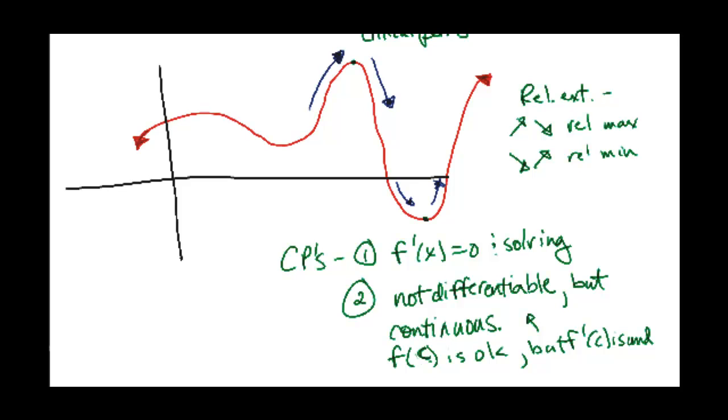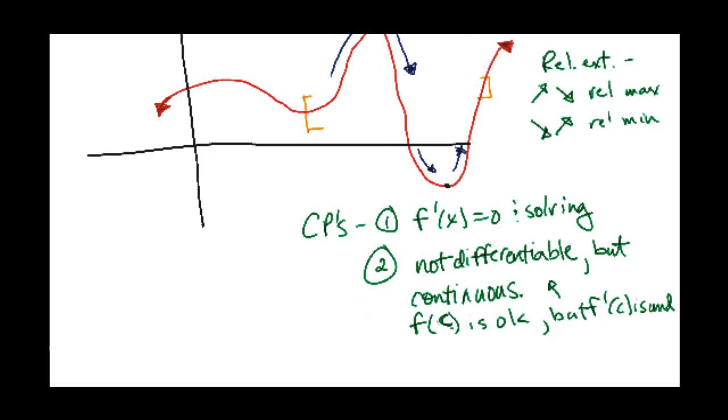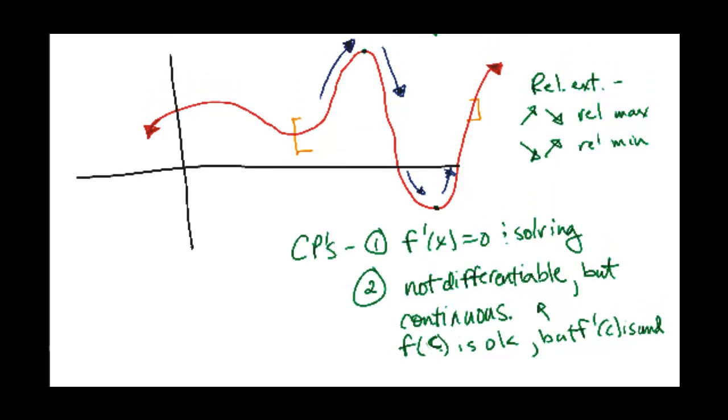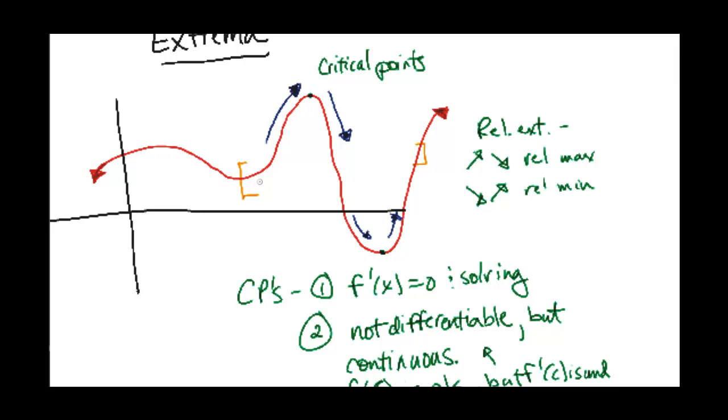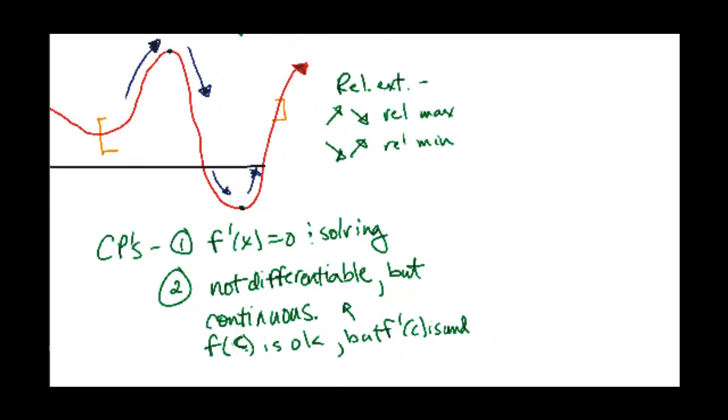Now if we're doing absolutes, absolutes usually require endpoints, and endpoints will dictate the range of your function, or the domain of your function that you're interested in, and you will be looking for the largest and the smallest.